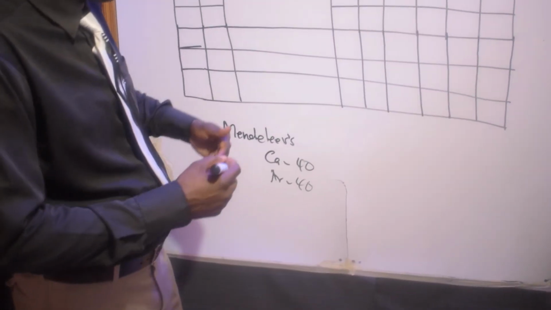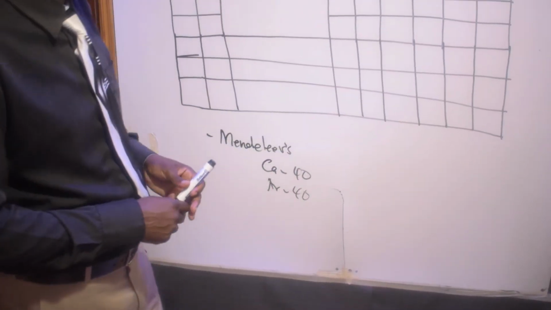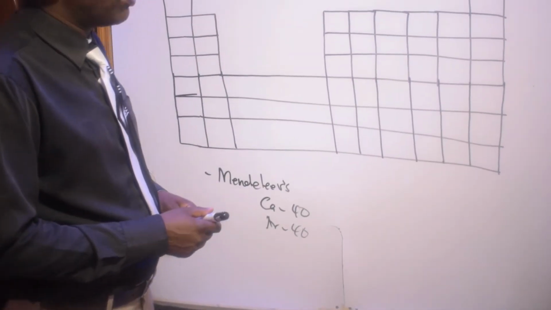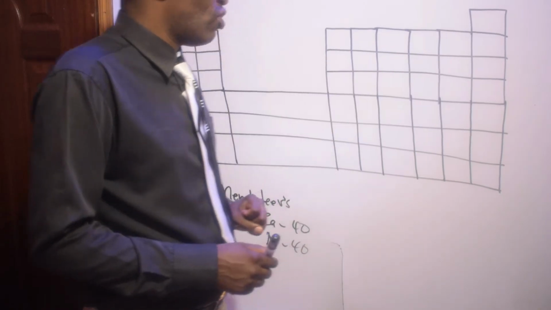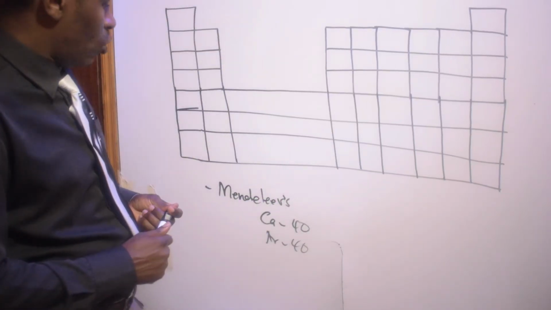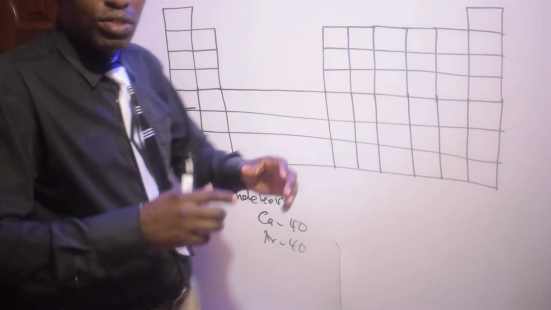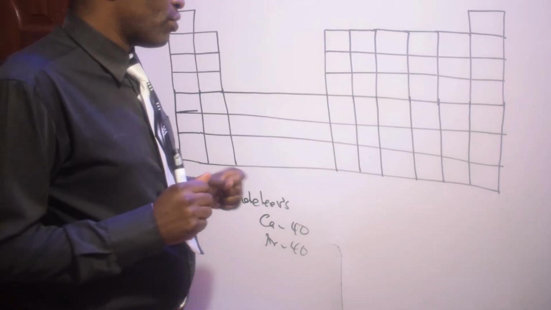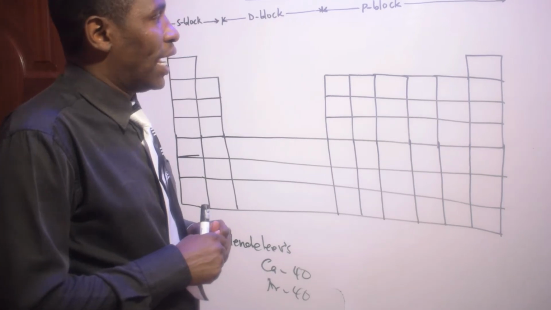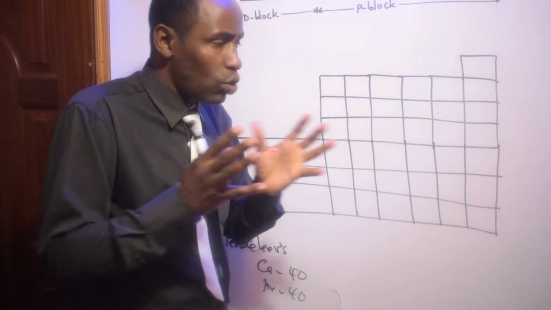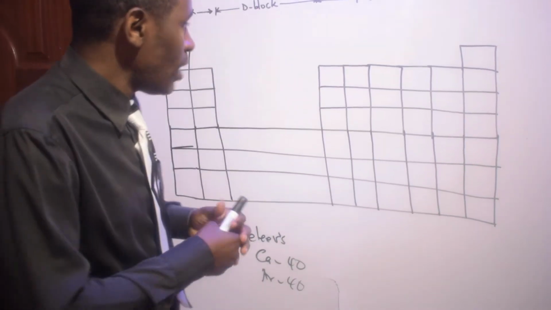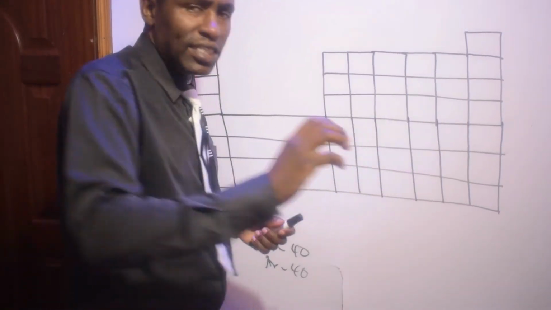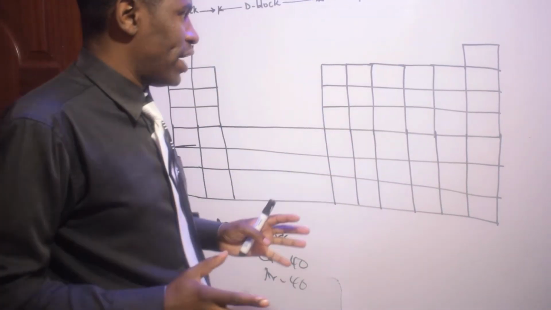And therefore, further research was made, and we had another gentleman called Henry, a professor, who was able to bring about the issue of atomic numbers. Arranging the elements by atomic numbers would eliminate the problem of isotopes.